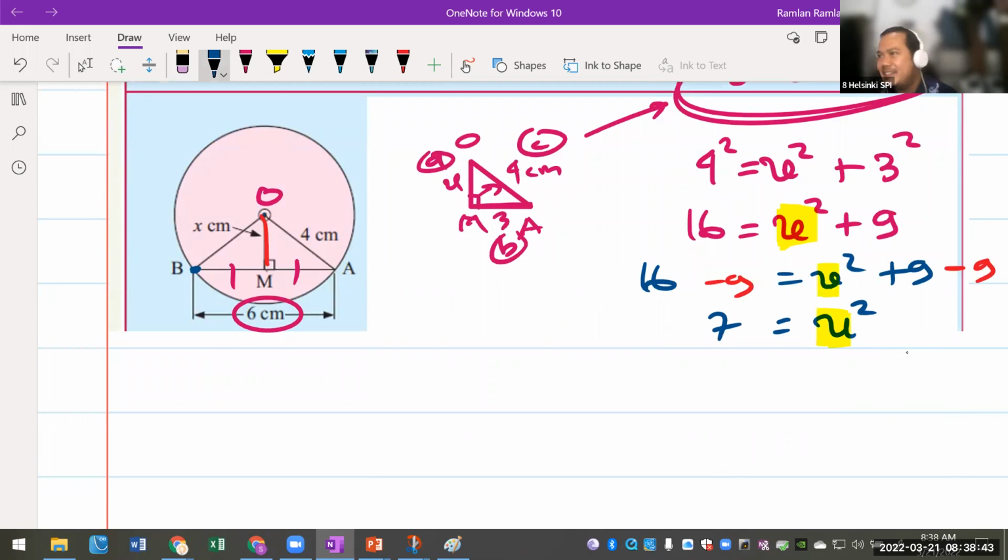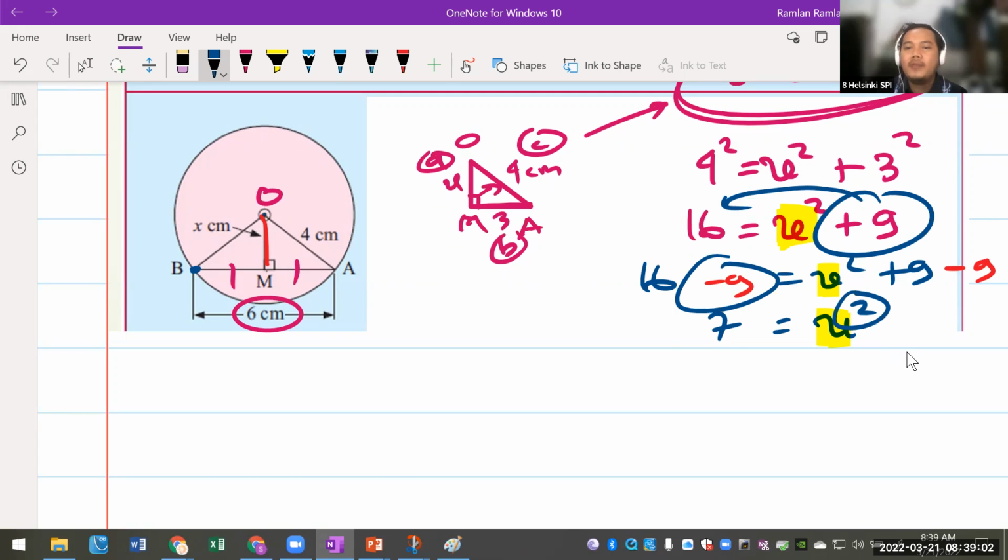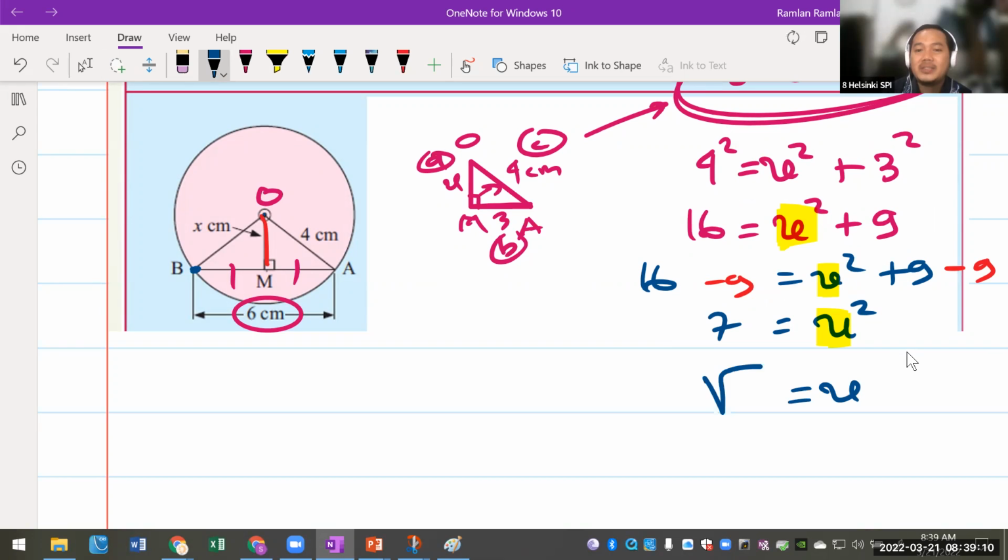Previously, we moved this to here and it became minus, right? What if we square root 7? Yes, that's what I'm talking about. Thank you very much. Yes, that is the square root of 7, right? So the x will be equal to the square root of 7.